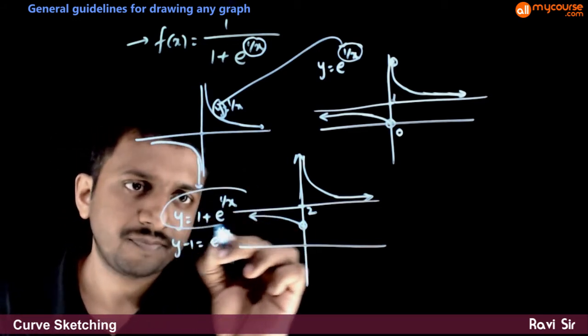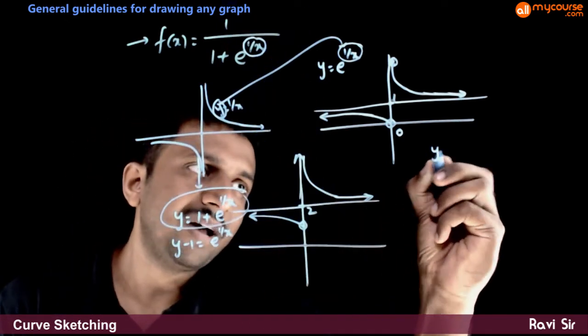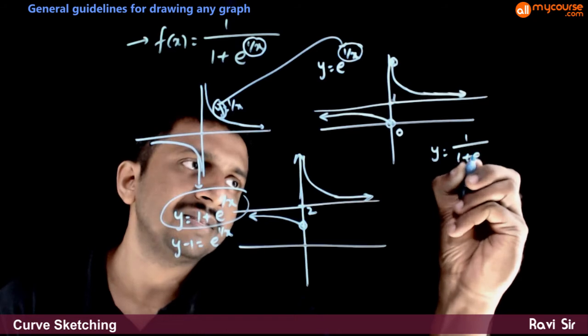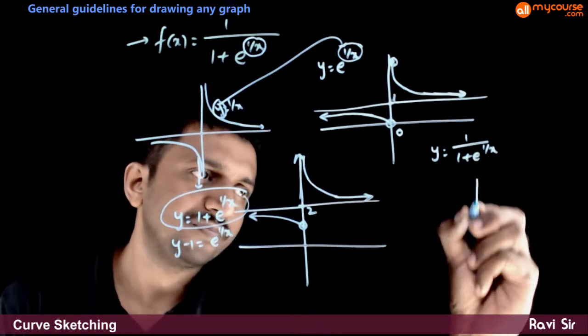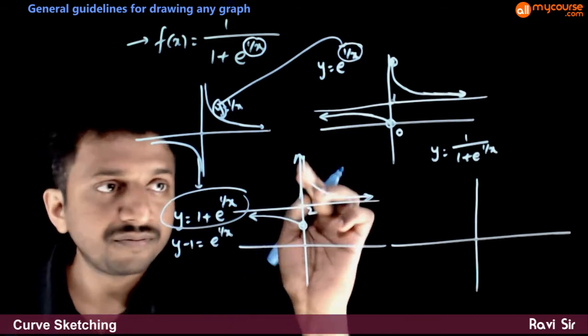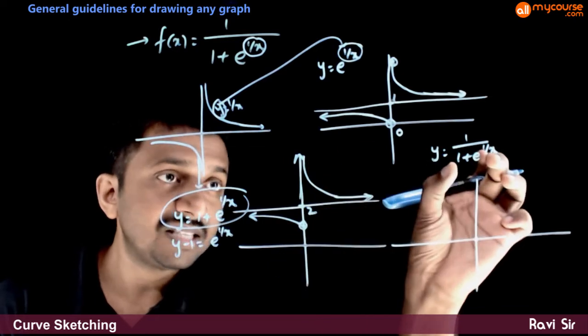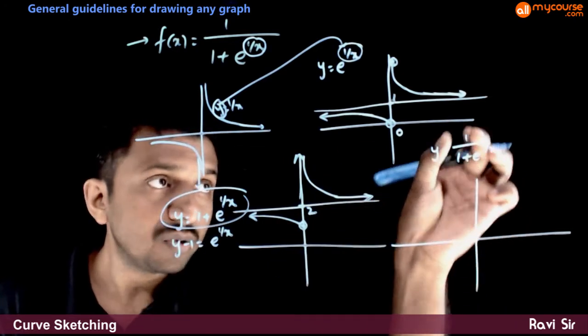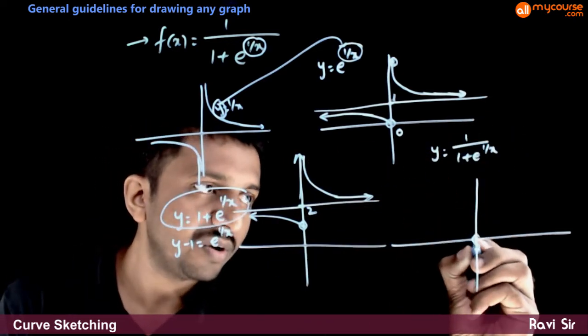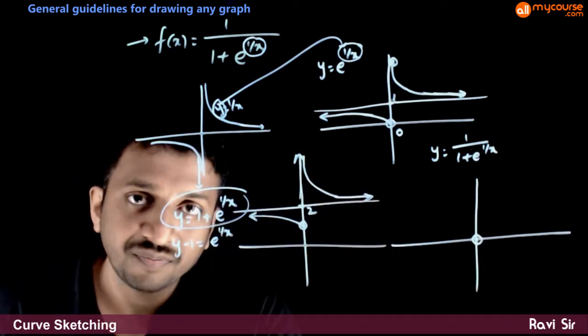Now I want to take the reciprocal of this: y is equal to 1 by 1 plus e power 1 by x. How does the graph look? As x tends to 0 plus, this term goes to infinity, so 1 by this term, 1 by infinity, goes to 0.